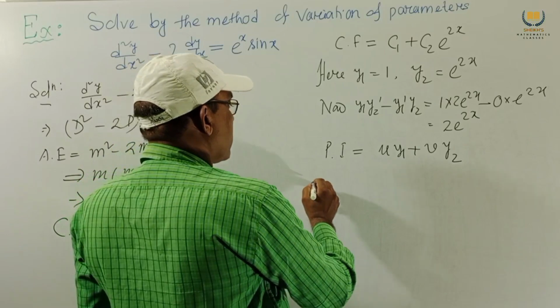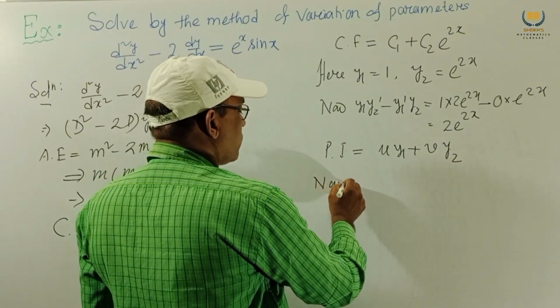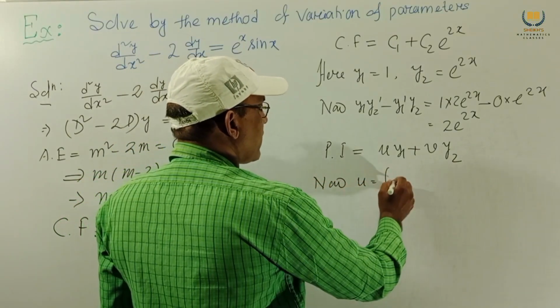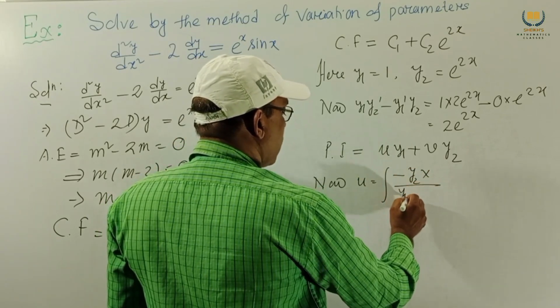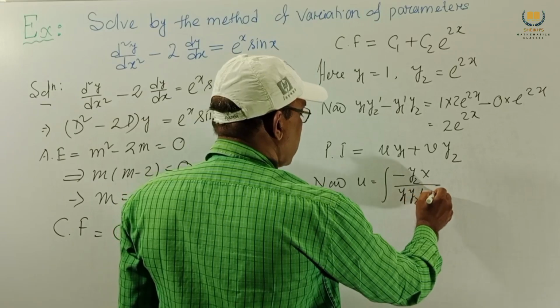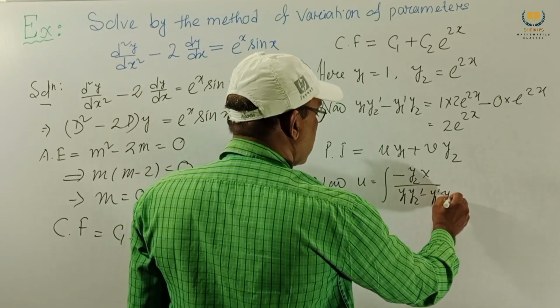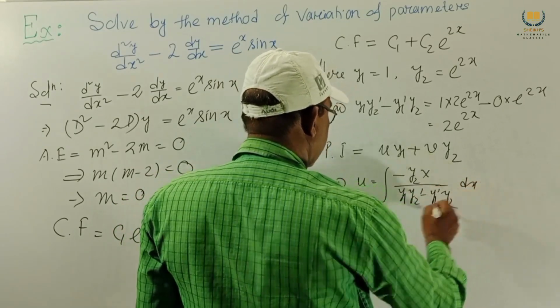Now u equal to integration of minus y2 X by y1 y2 dash minus y1 dash y2 dx.